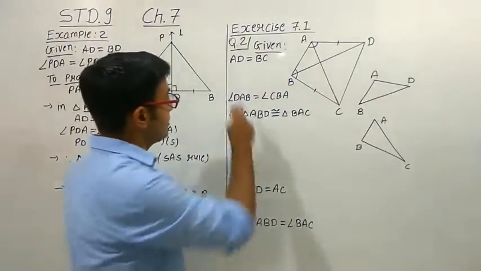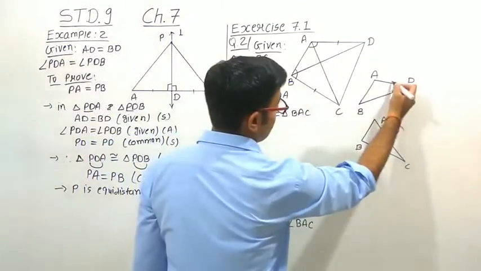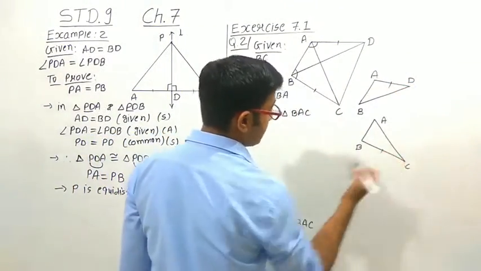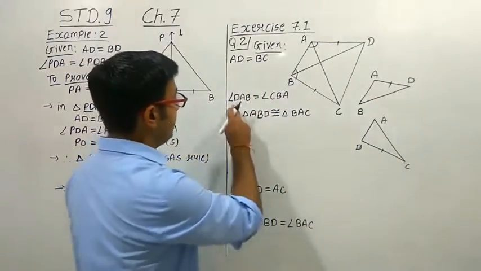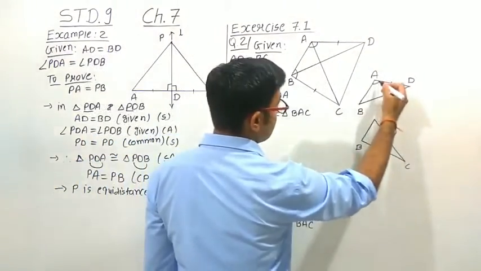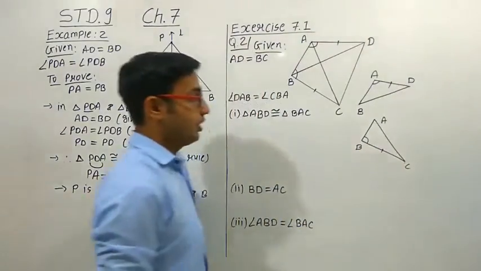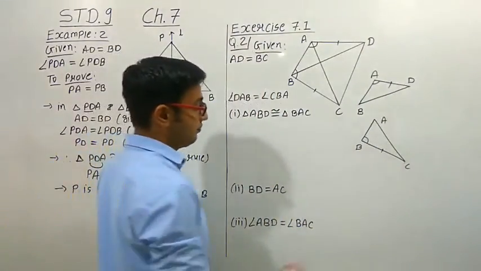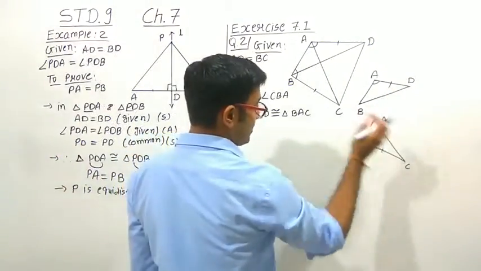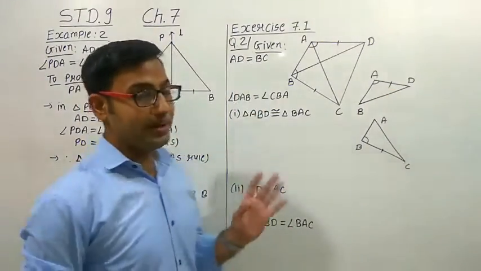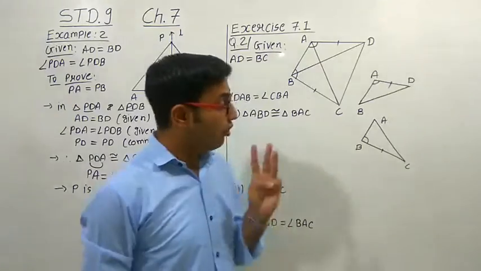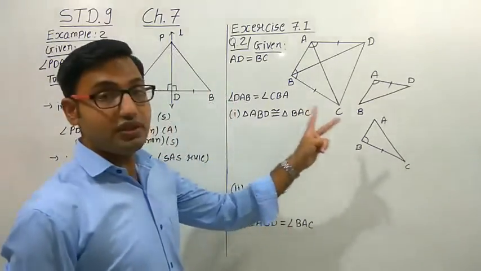Again apply all the conditions that are given. AD and BC, that is this side AD and this side BC, are equal. Again, in triangle DAB this angle and CBA this angle are equal. So in both the triangles, these two conditions are given. How many conditions do we require? Three. Out of the three, two conditions are already given.